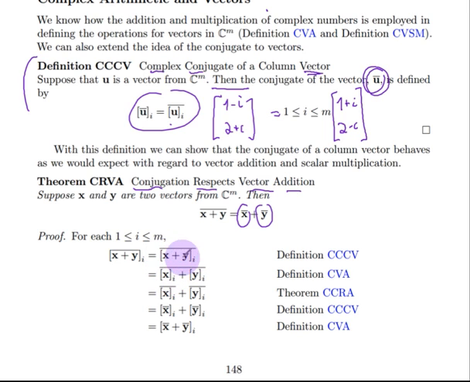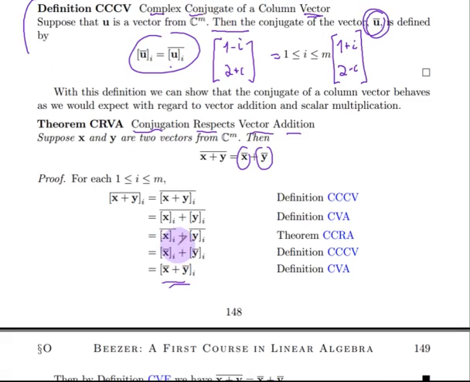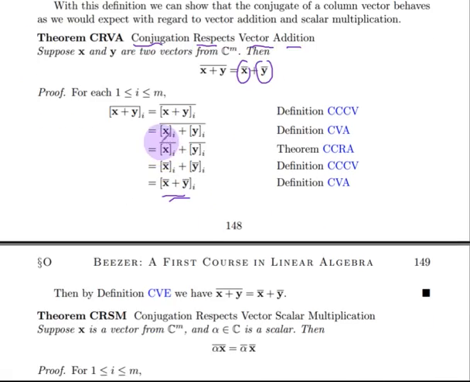You write this using ordinary vector addition, and then here these are just components, so you're using ordinary conjugation on components. Then this applies the definition up here, and we get the result that we need. These are very technical proofs, and if you go into it, there's a lot of detail, but it really is very intuitive.